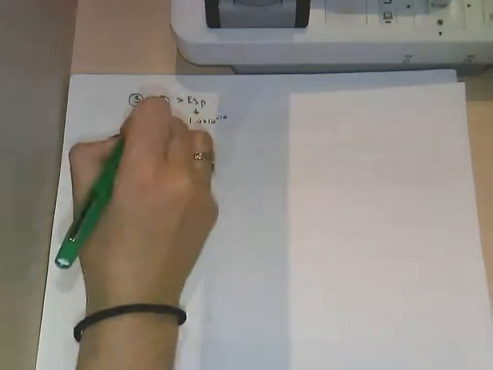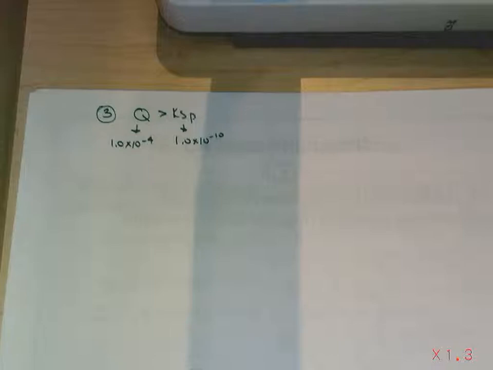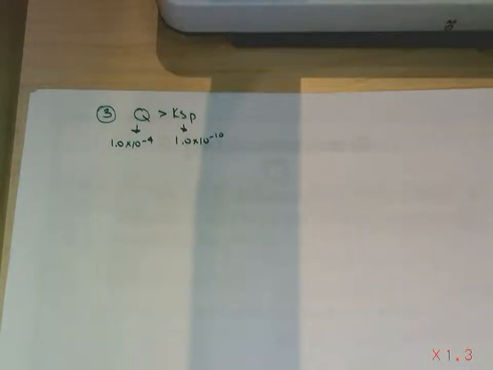And now I'm at a Q that is 1 times 10 to the negative 4th. Let's say that's where I'm at. Am I exactly at equilibrium? So am I saturated? I have a greater Q than KSP, so am I undersaturated? I am not under, I am oversaturated.